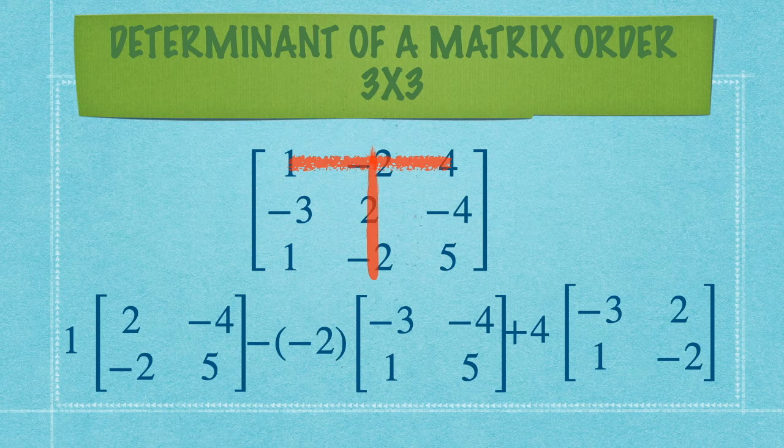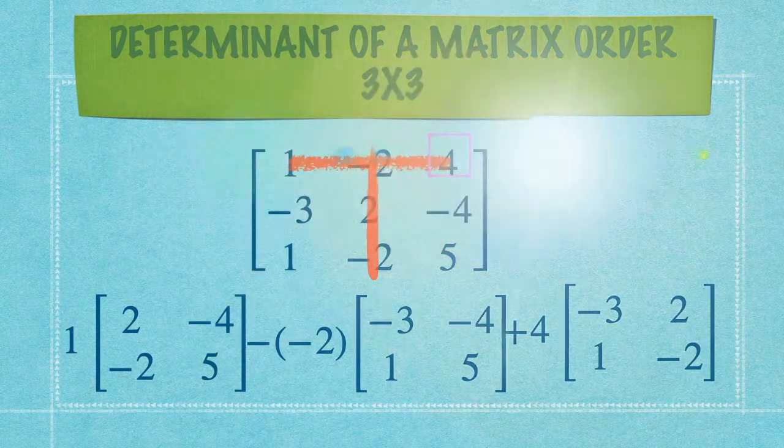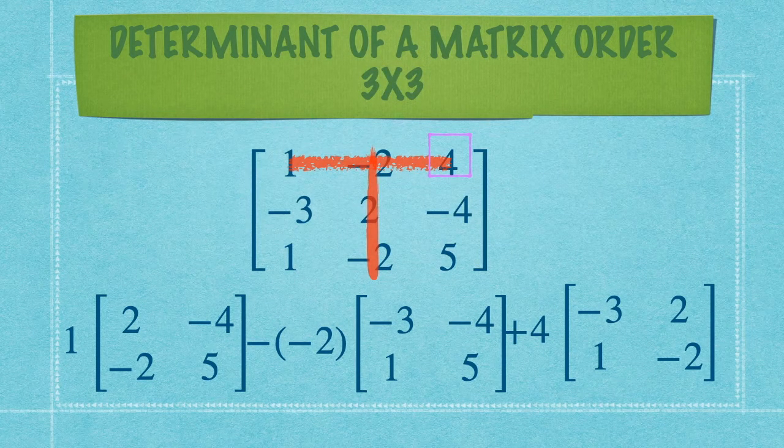Now we're going to find the last section where we have the 4 being plus 4. And then we're going to have the first row as always being eliminated, but now I'm going to eliminate the last column, which is 4, -4, and 5.